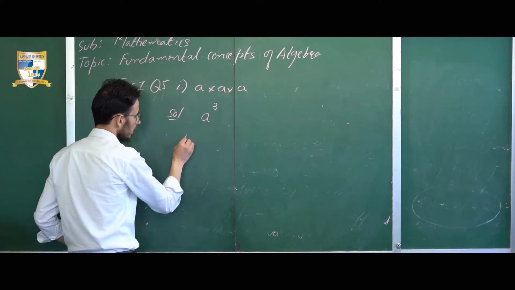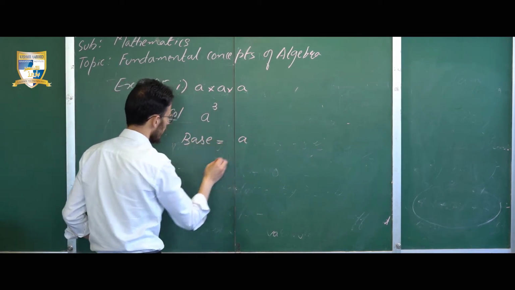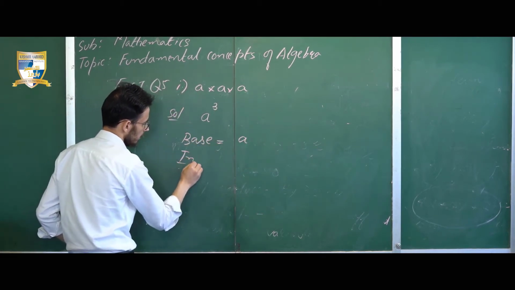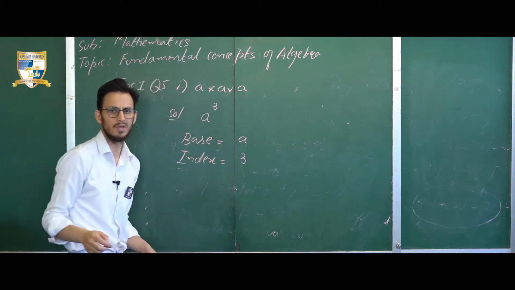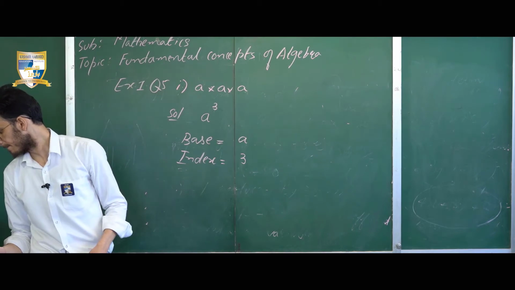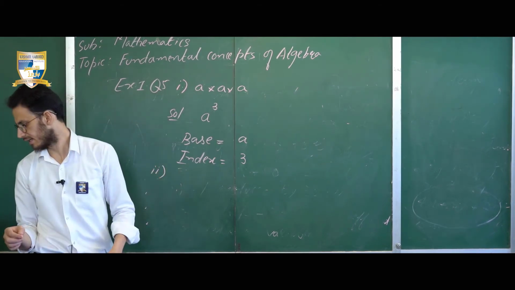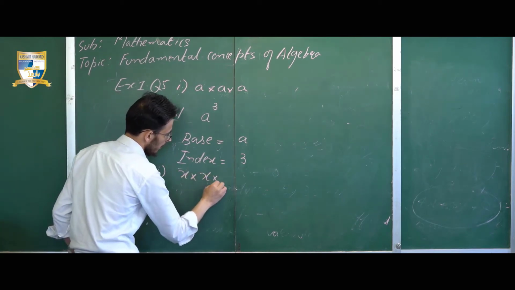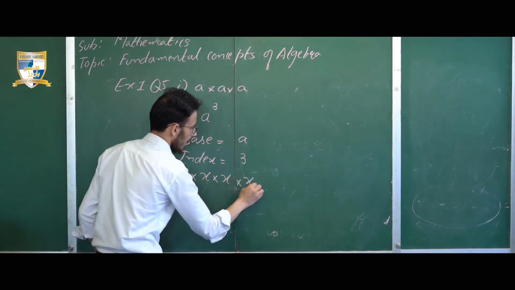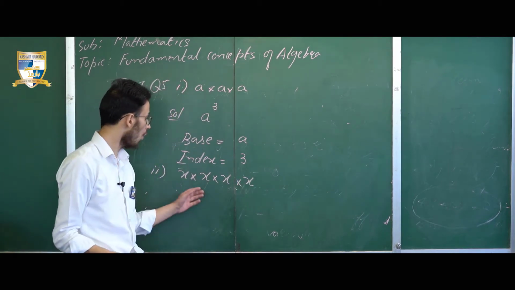The question is also saying that we should write down the base. What is the base? The base here is A, and the index is equivalent to 3. Same for part second: x is to be multiplied by x, multiplied by x, multiplied by x. Here we can see that x is to be multiplied by itself 4 times.